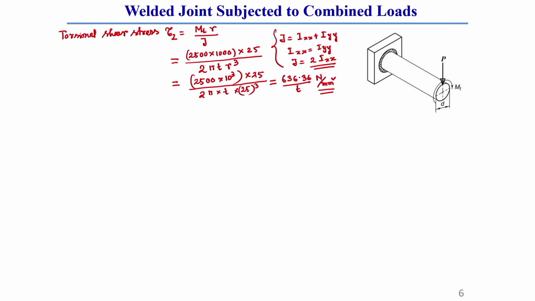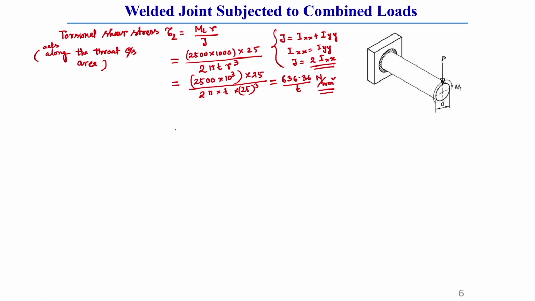So, this is the torsional shear stress. This torsional shear stress also will act along the throat cross sectional area, this you should keep in mind. It also acts along the throat cross sectional area.